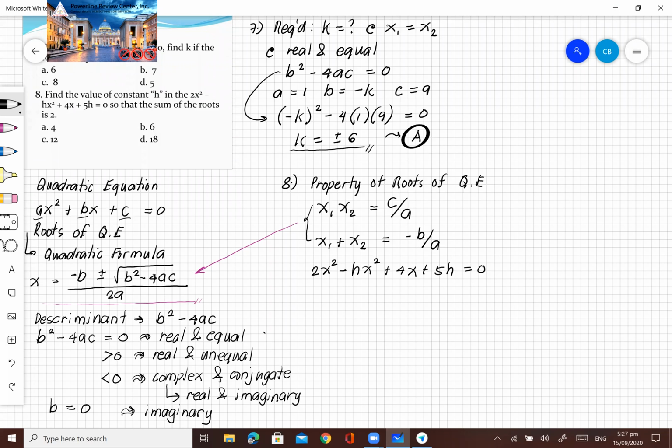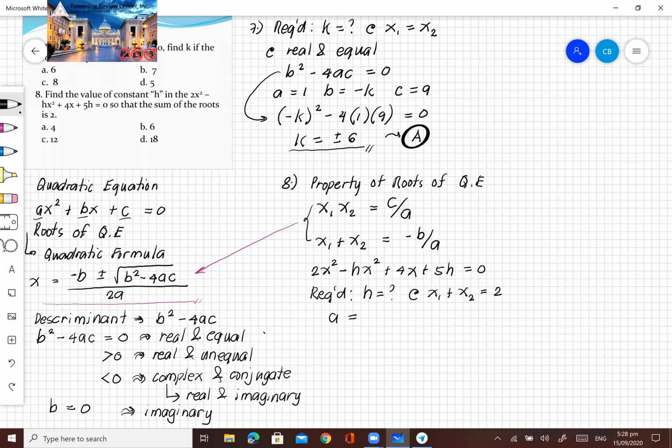Okay? So, hinahanap lang ng problem, what is the unknown constant h? Anong condition? At x1 plus x2 is equal kanino? 2. Okay?